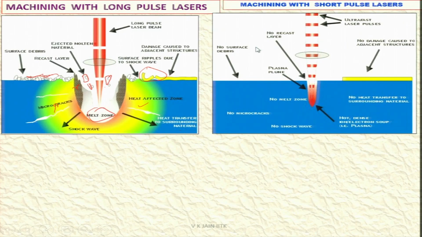So for high accuracy, we always recommend machining with a short pulse laser. These are the short pulse lasers, and you can see all these problems here: recast layer, heat affected zone, debris, all of them are absent over here, and you get neat and clean cutting of the workpiece with short pulse lasers.